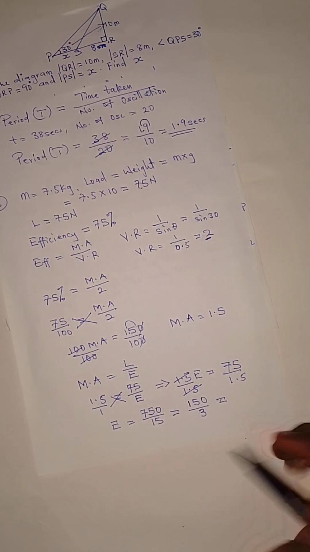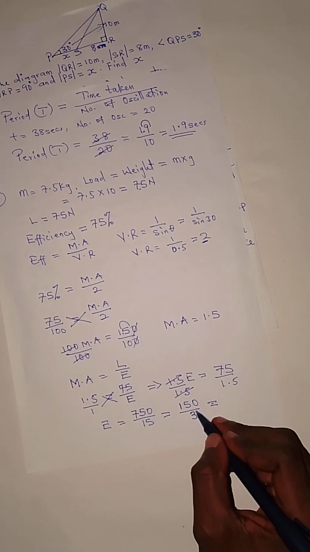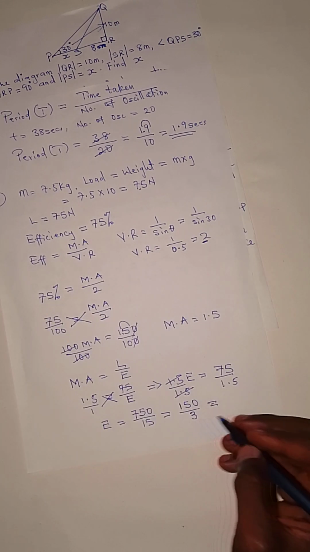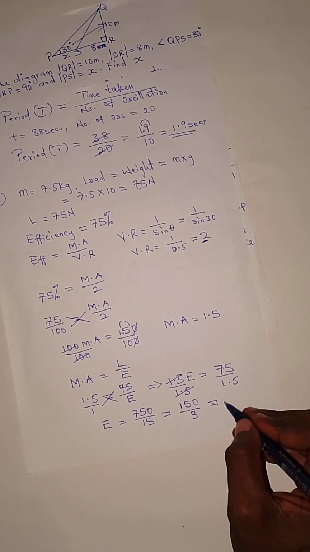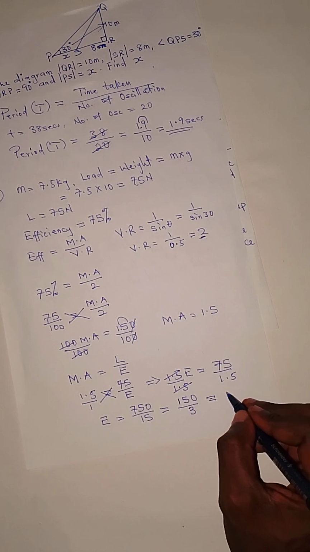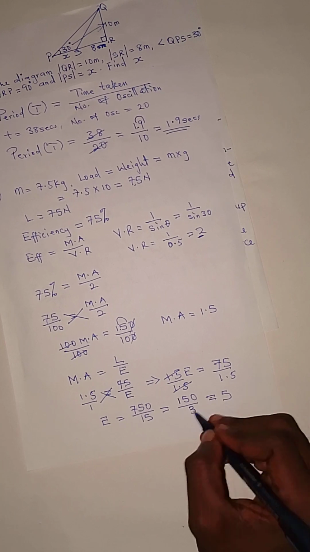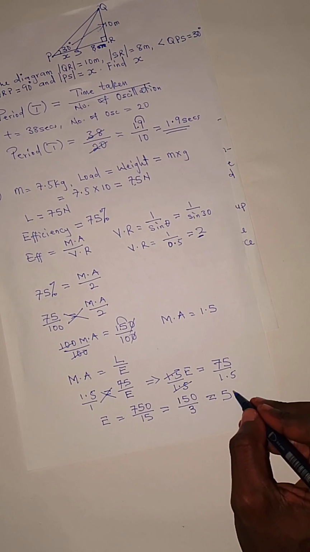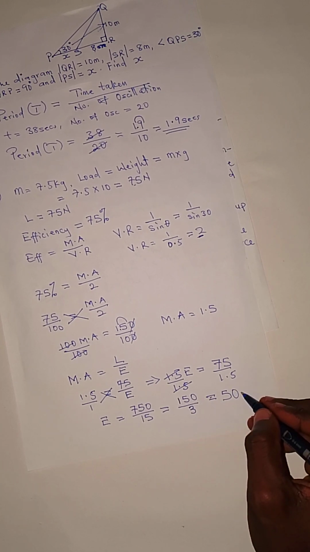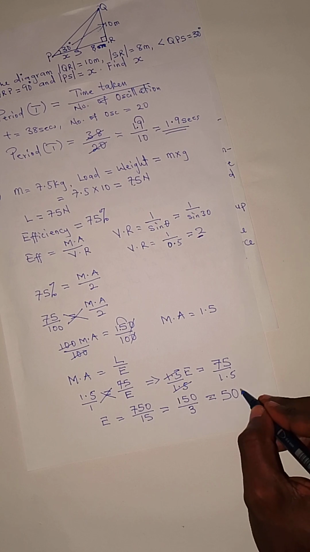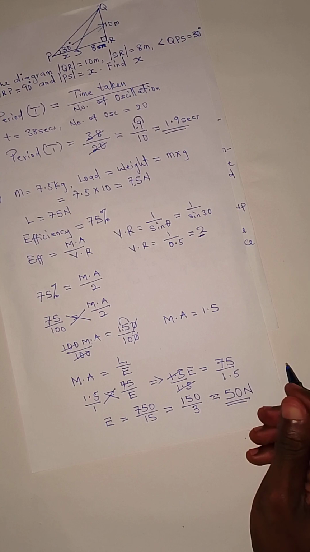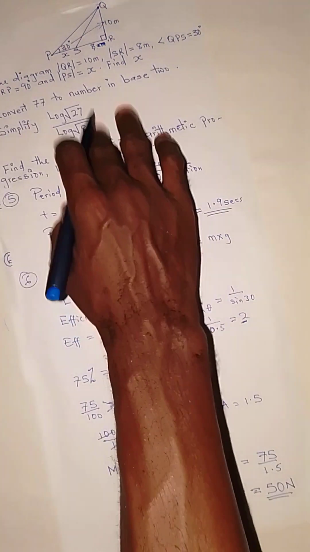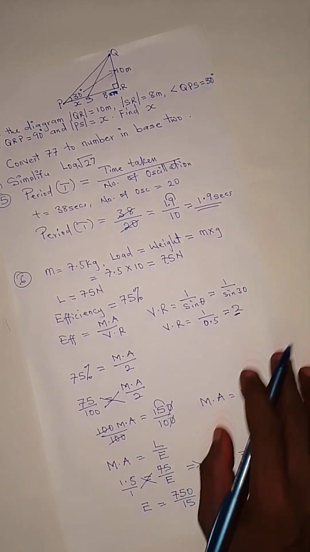So now we can say 3 goes into 15. How many times? 3 goes into 15, that's 5 times. So we have 5. 3 goes into 0, that is 0. So the effort is going to be 50 Newton. That's the minimum force required to move the load.